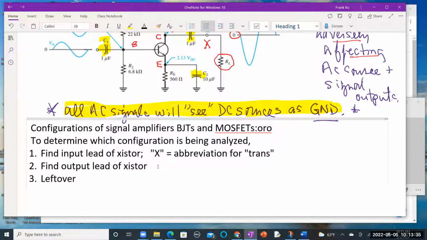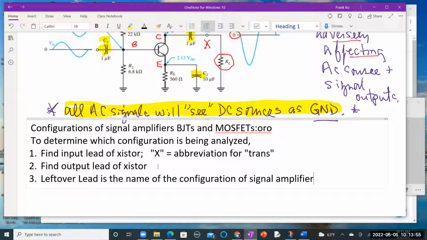The leftover lead is the name of the configuration of the amplifier. Okay, so those are the rules.